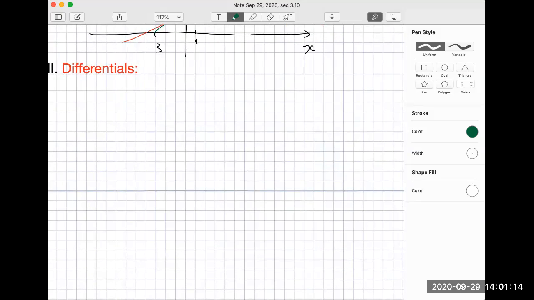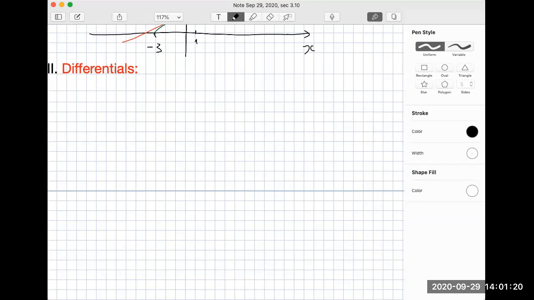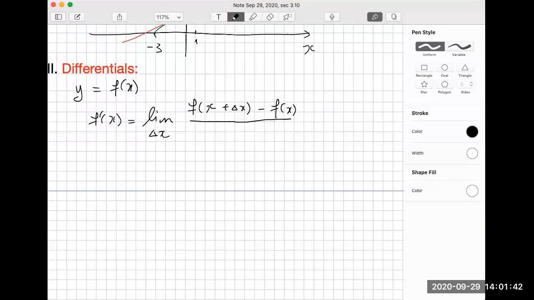If we're given a function y equals f of x, f prime of x is the limit when delta x goes to 0 of f of x plus delta x minus f of x divided by delta x, right?